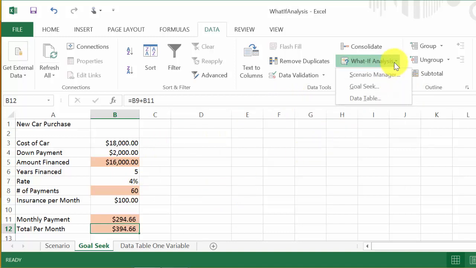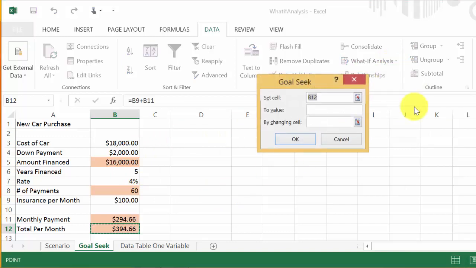So if we go here to what if analysis and I hit goal seek, here we go. The cell that I want set to a certain amount is this total per month. I want that set to $330.